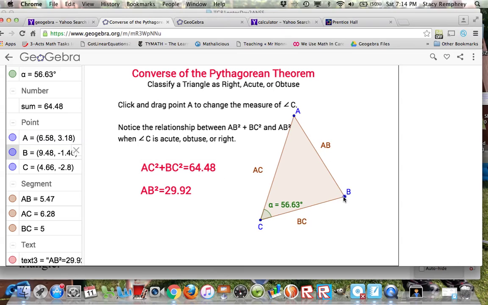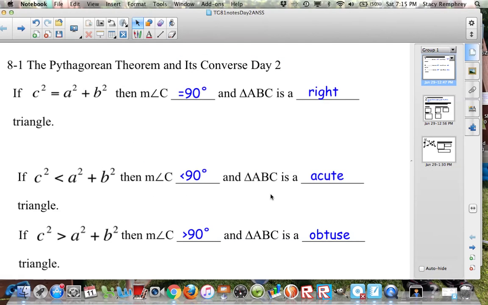So we have three different situations where the square of this side is less than the sum of the squares of the other two sides, then the equal to, I know I'm a little off, and then we have the greater than. So that's how we're going to fill in our first part of the notes. We can use this to help prove what kind of triangle we're dealing with.